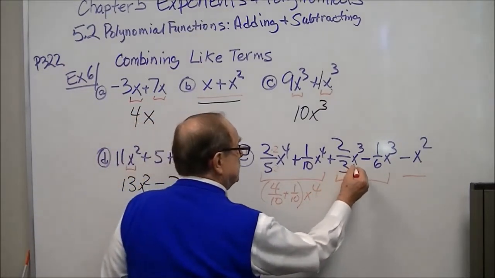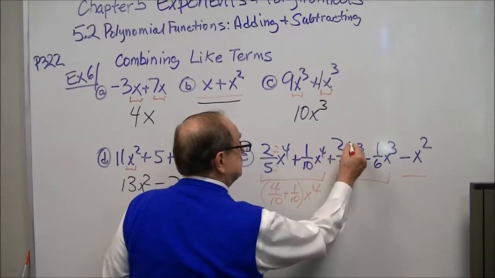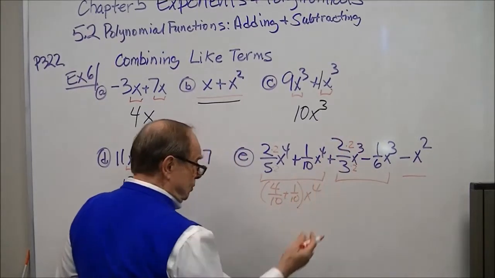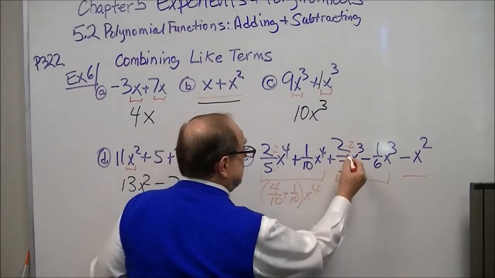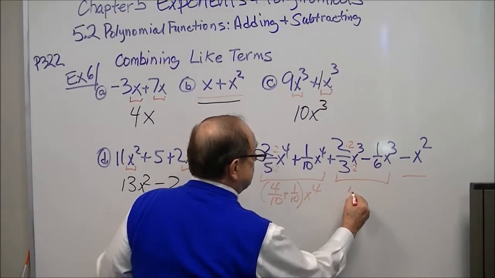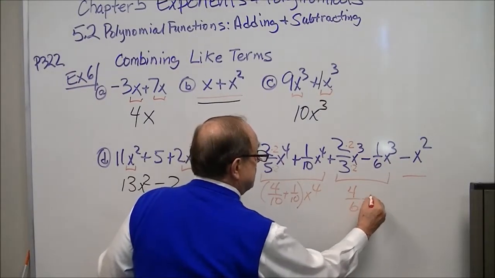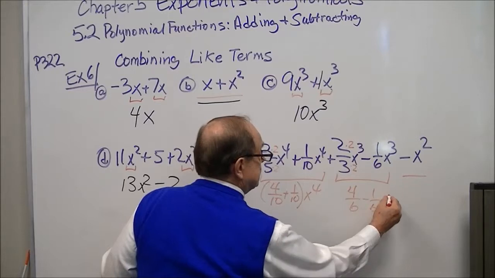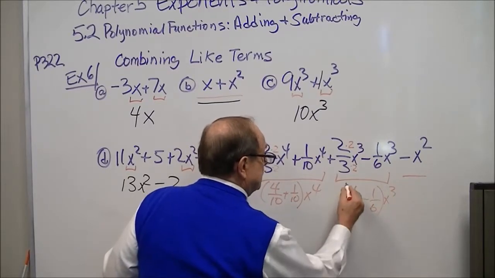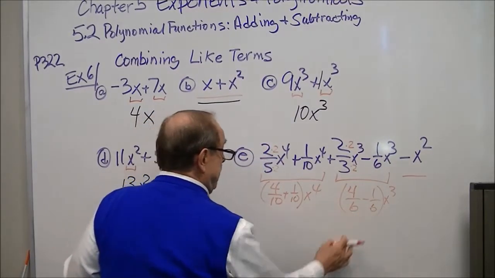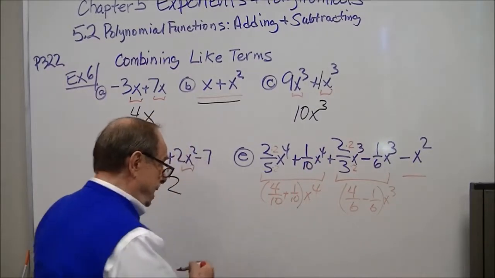And here I have to make this a 6, back from chapter 1 when we did stuff like this. So this becomes 4/6 minus 1/6 x to the 3rd. I'm allowed to do that. And then just my x squared.